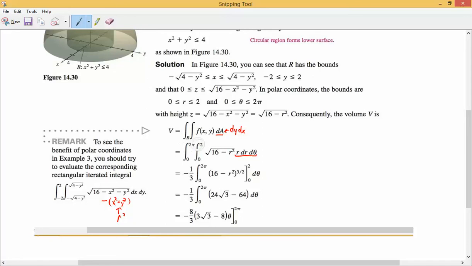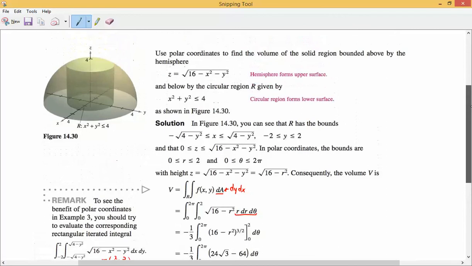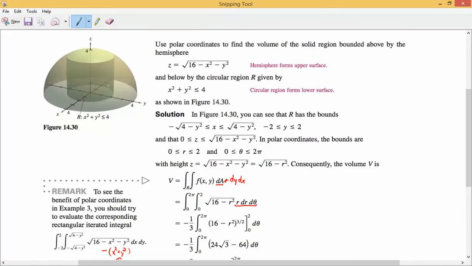How do we get these boundaries? Well, r is a radius, right? If I integrate with respect to r, then these have to be radius. And what's the radius here? If you look at this equation here, the radius, 0 to 2, how do you get that?